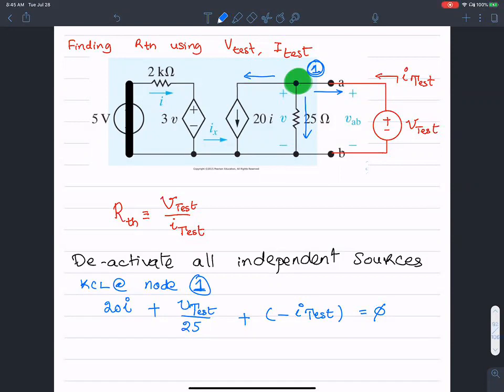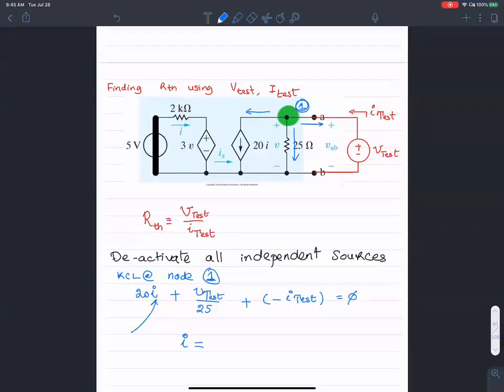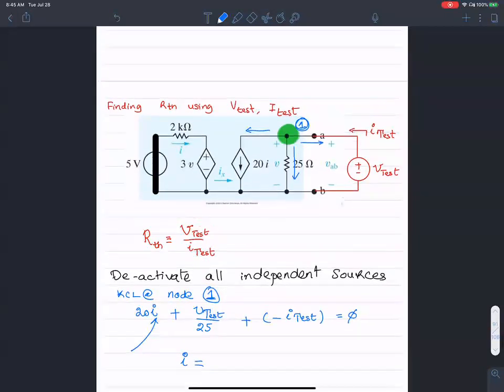And from Ohm's law, you're not interested in negative 3V over. Now, you know the expression for I, remember? The expression for I was 5 minus 3 little v over 2 kilo ohms.